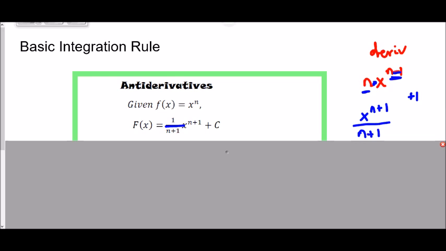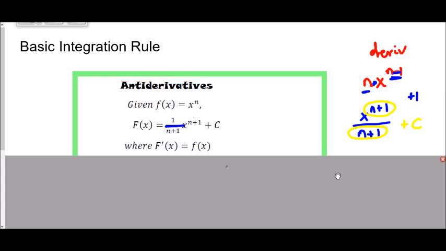Now, it's a little bit different because these numbers are actually going to match. Okay, they're going to be the same when we integrate. So either one of these, and then of course we have our best friend C at the end. Okay. So this is just saying, if you took the derivative of capital F, you would get to lowercase f. So it's just denoting that relationship.